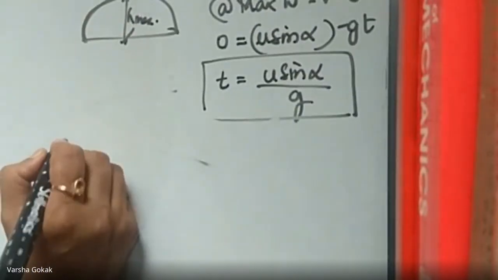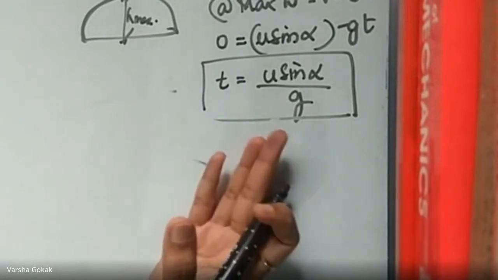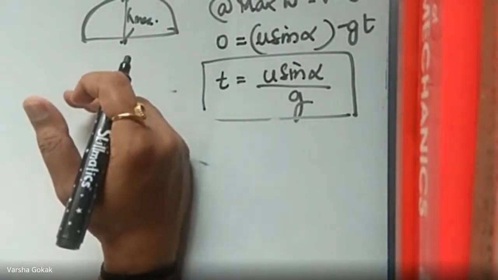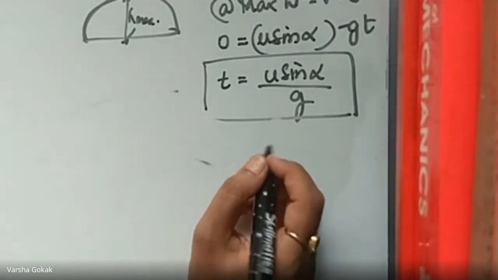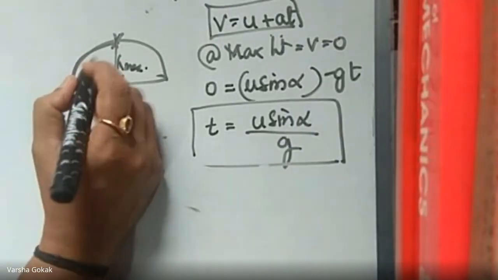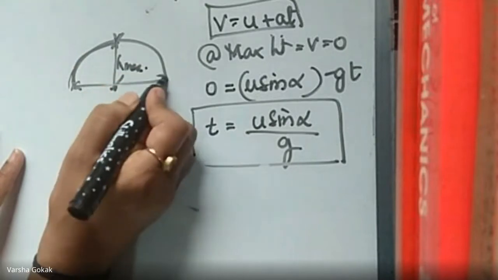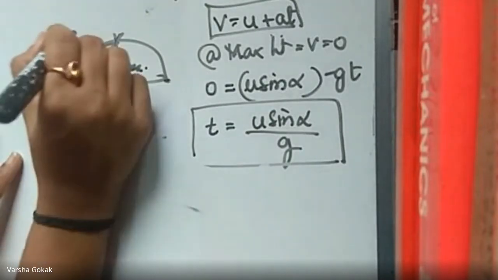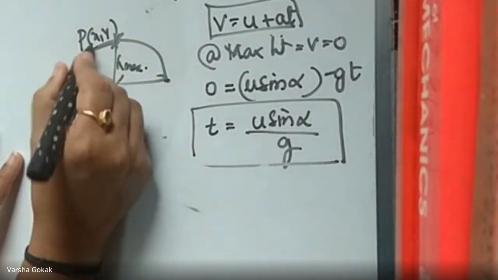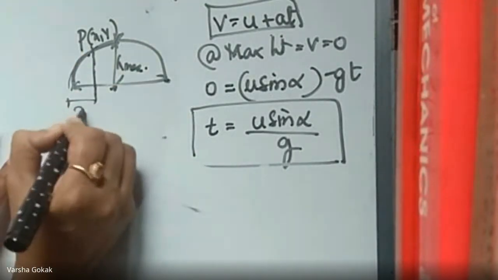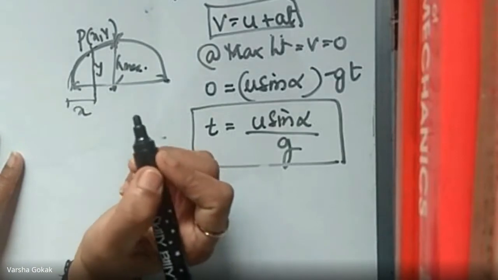Also, when we are talking of the motion of a projectile in the vertical direction, what happens at the end of the flight? Say I started from here, it goes like this and it falls over there. We considered a point P here with coordinates x and y. When I drop a line from here, this distance is x and this distance is y.